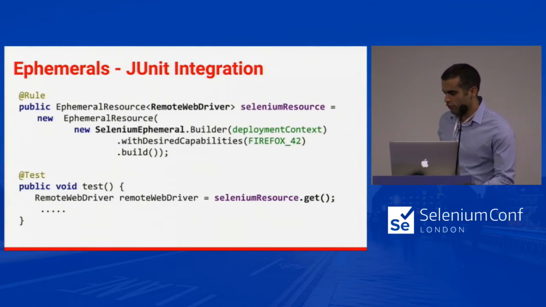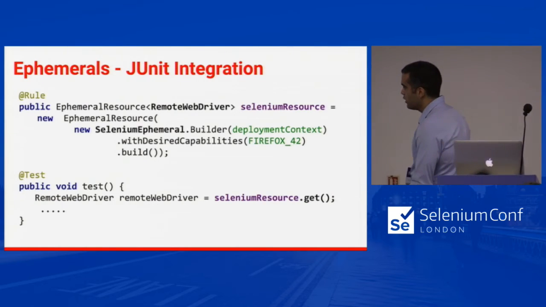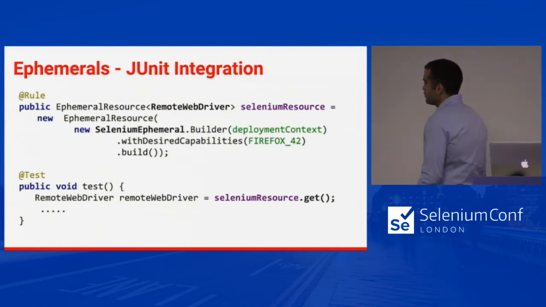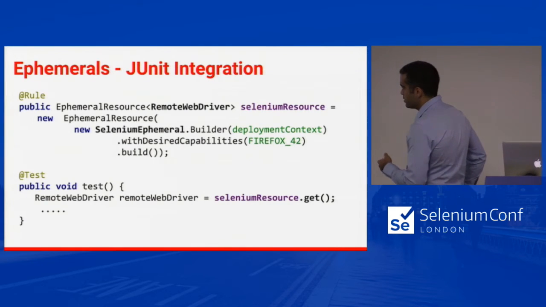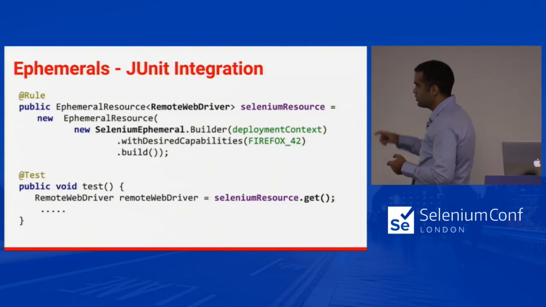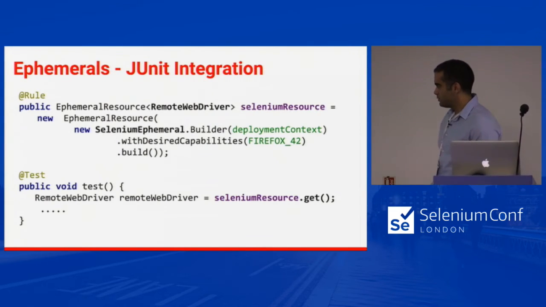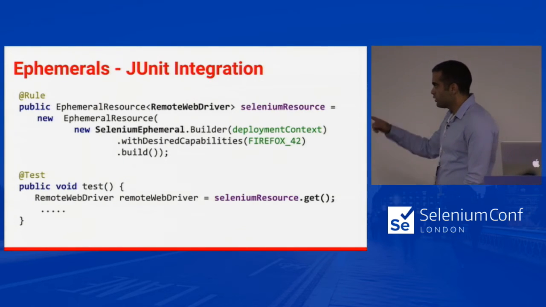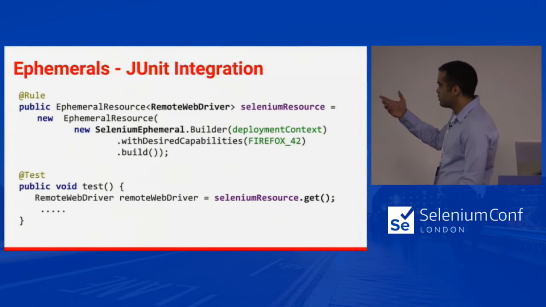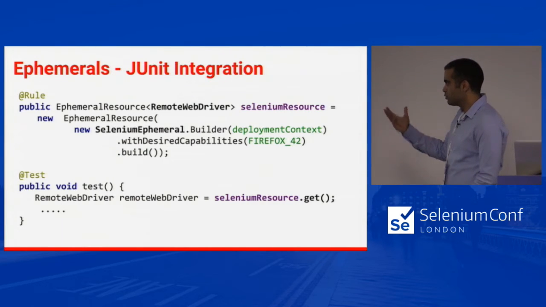Here you can see an example of a JUnit integration of the API. Here I initialize the Selenium ephemeral instance using the deployment context, which includes all the connection information about my cluster and all the authentication I need to provide in order to connect to my cluster. And I provided the desired capabilities of the container I want to launch.